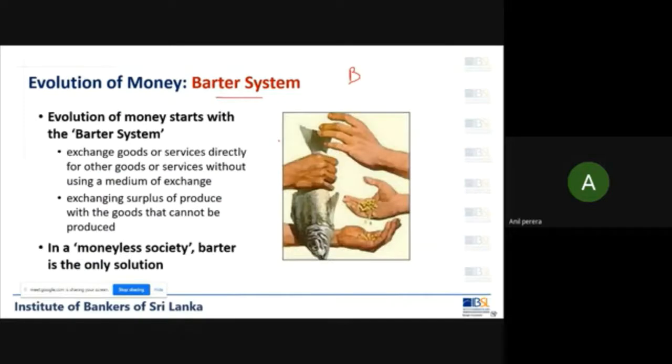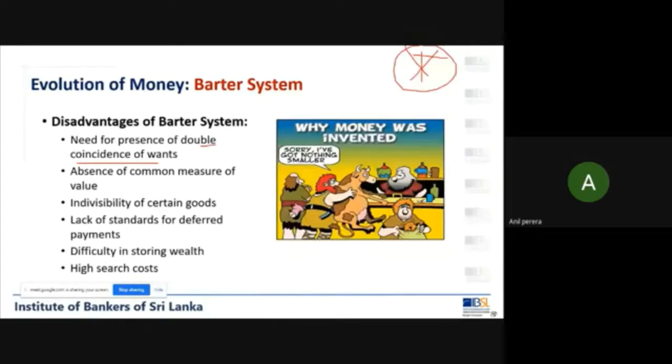You don't have a common agreement here. Now this person is giving one fish and getting one kilo of grain maybe. For another person, it could be different. He is giving one fish, he is only getting half a kilo. There's no common measure of value.